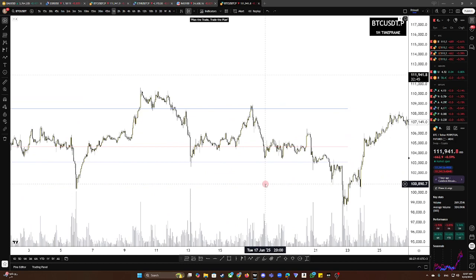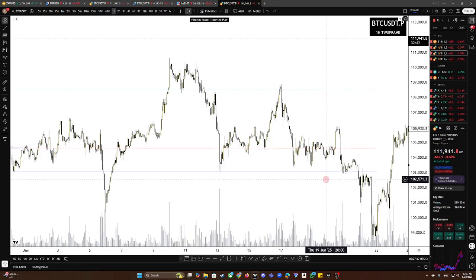Do not enter blindly. This is the first and most important tip for all these strategies. Do not enter blindly just because we started bouncing from a value area or a POC. Wait for your confluence, wait for other things.